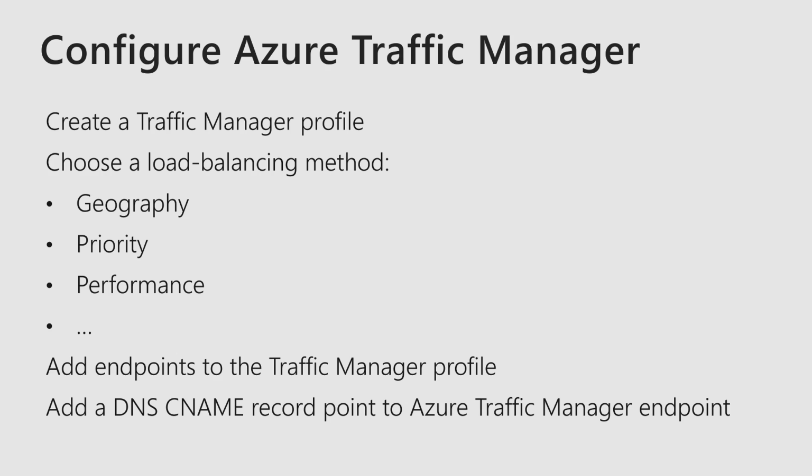And if you go for performance, that's where things are pretty interesting, because you don't have to set up almost anything. You just say performance and you put endpoints, and then based on a series of rules and latency tables that Microsoft has, they will detect from where you are requesting access to that web app, and then they will route you to the one that gives you the lowest latency.